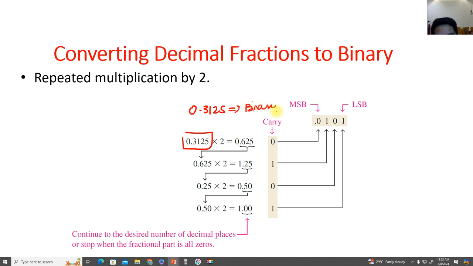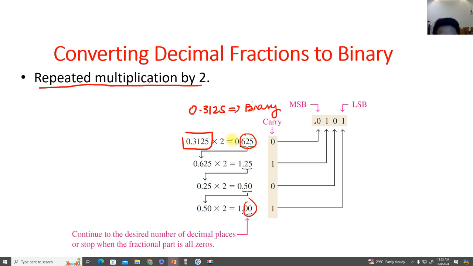Of course, if that is a decimal, we are expecting a decimal also. So, we simply multiply it by 2 repeatedly until such time we get a 0 decimal place.